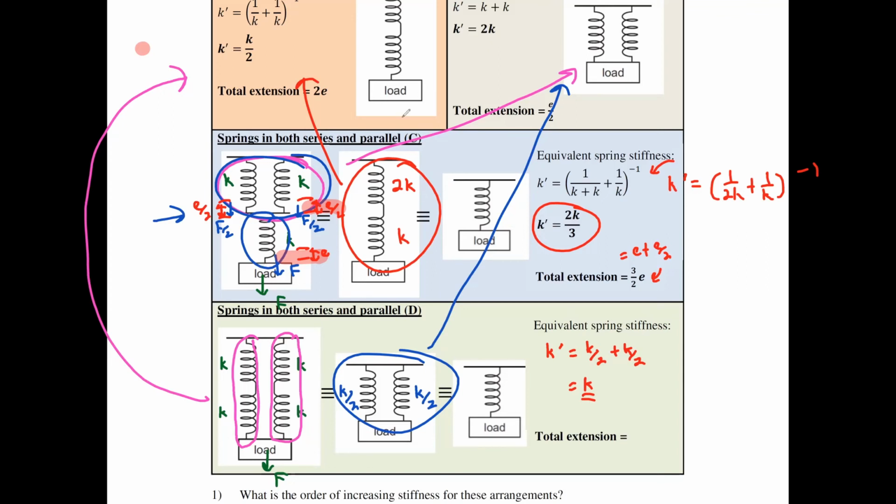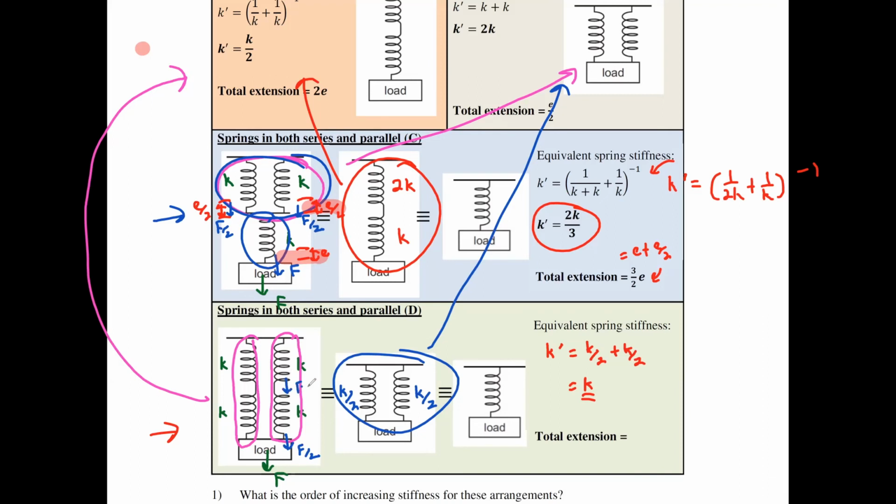Now, what about the extension? If you want to talk about the extension, you can do it in a different way also. If I just look at the leftmost diagram, which is this one, a force of F. Because these are springs in parallel here, this one will take F over 2.